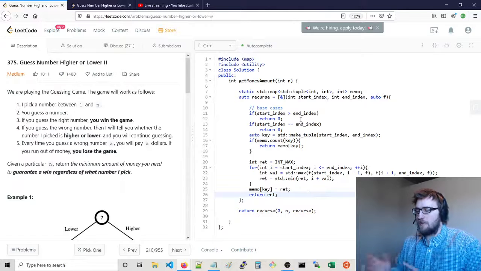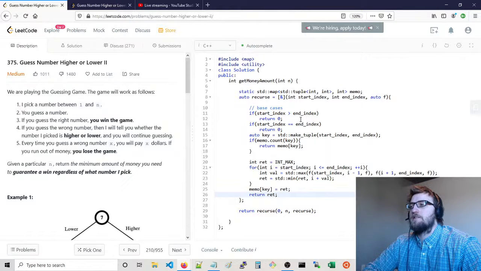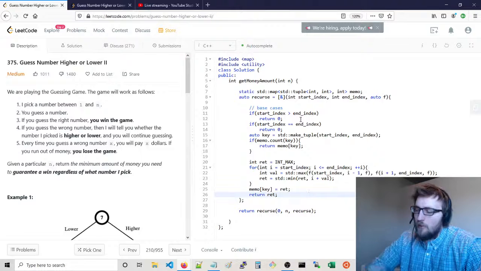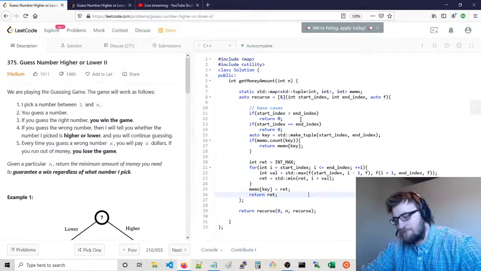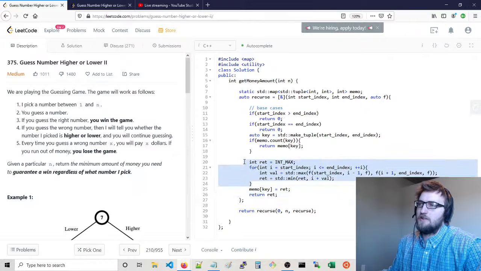Given that root, you can figure out the maximum path for those 2 subtrees, and then of all of those roots, you take the minimum possible. So this is actually pretty simple logic here.